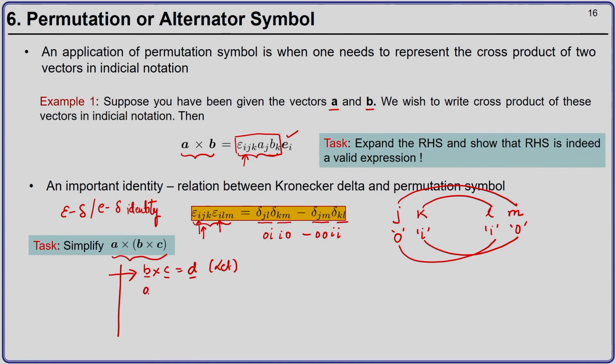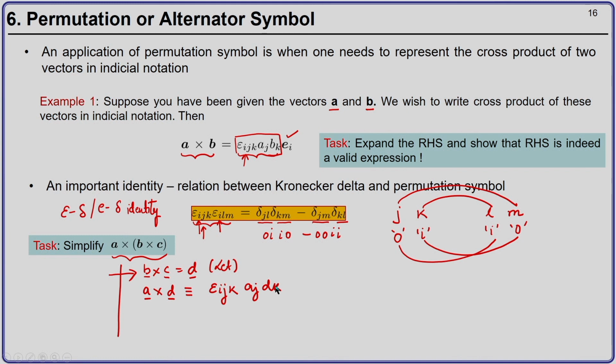Then we can have A cross D. Now, this can be written in indicial notation as epsilon i j k A j D k.